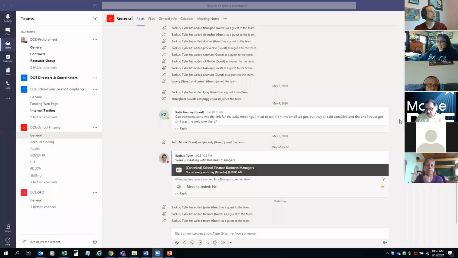So again, here's Teams. This is Microsoft Teams. And I'm getting a little better at adding people to this. So if you want to get in here, shoot me an email. I can add you into the team, and then I'll send you an email with a link that'll help you get here more directly.